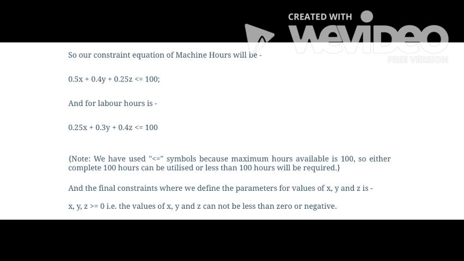Here we have used a less than equal to symbols because maximum hours available is 100. So either complete 100 hours can be utilized or less than 100 will be required. And the final constraints where we define the parameters for values of x, y and z is that x, y and z are more than equal to 0. That is, the values of x, y and z cannot be less than 0 or negative.